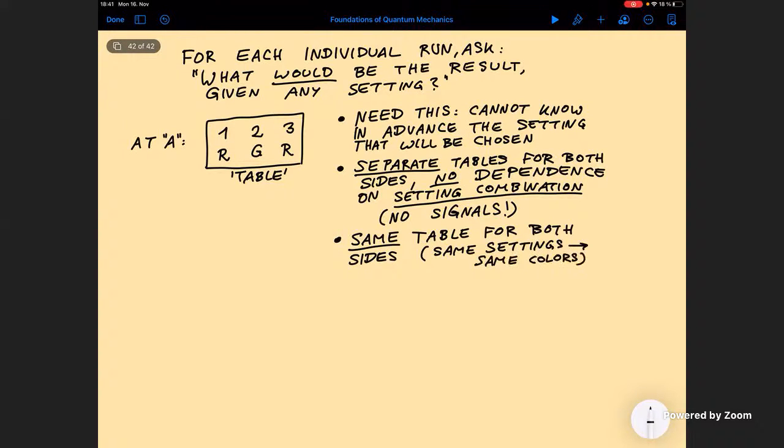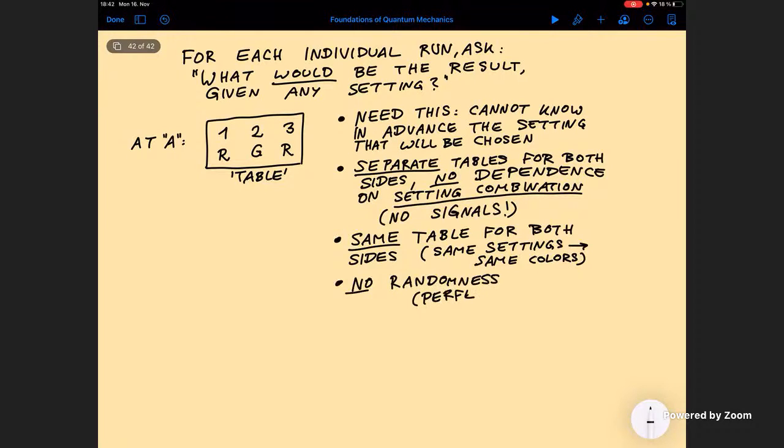Okay, so this is how we get the perfect correlations in this language of these little property tables. And the question is then, where does the randomness come in? Because in this table, we cannot have any randomness. Why? Because again, otherwise we wouldn't get these perfect correlations.